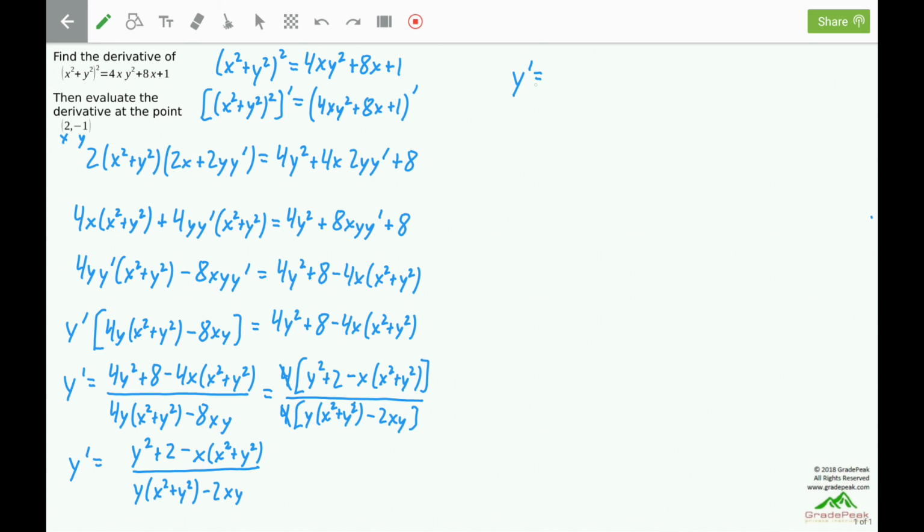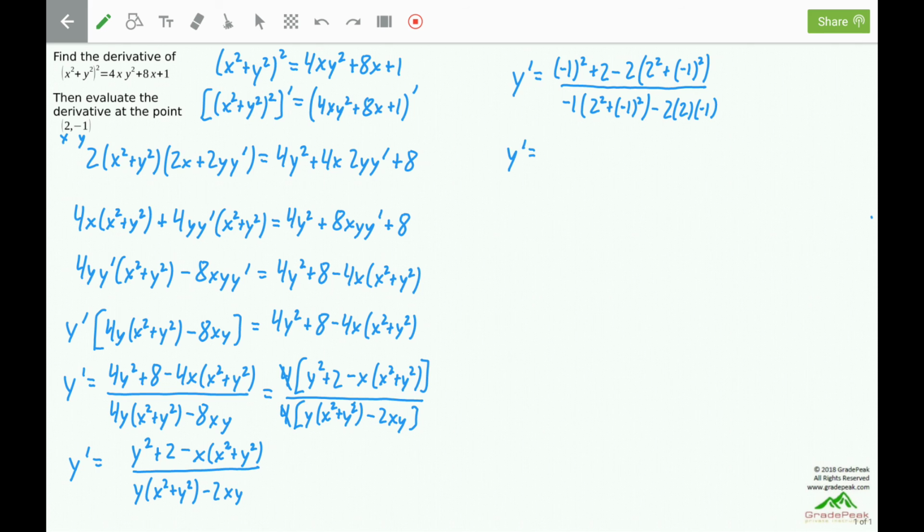So y prime will equal negative 1 squared plus 2 minus x, which is a 2, times the quantity of 2 squared plus negative 1 squared, all over negative 1 times (2 squared plus negative 1 squared), minus 2 times 2 times negative 1.